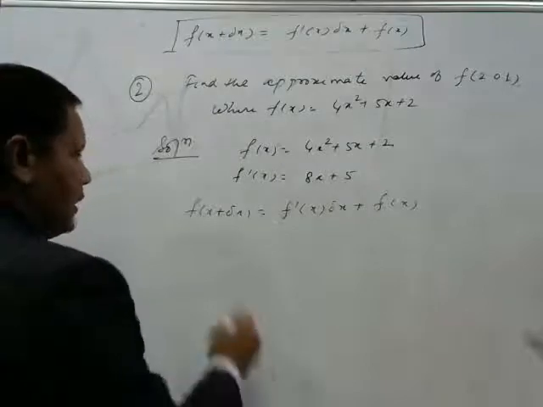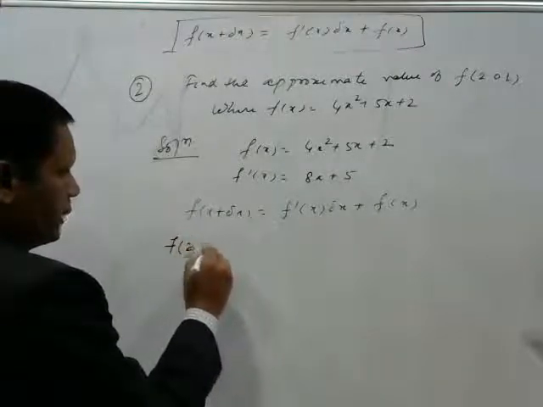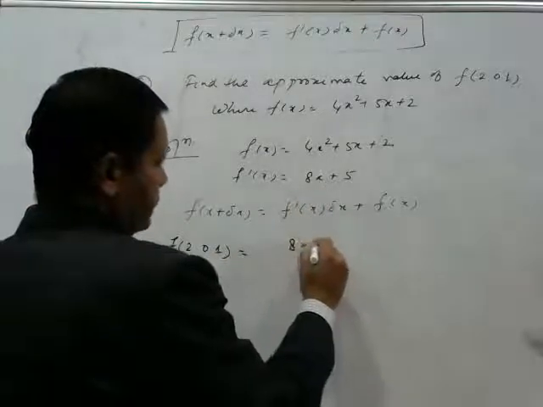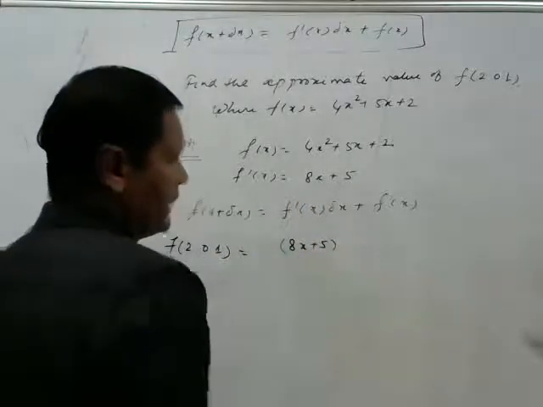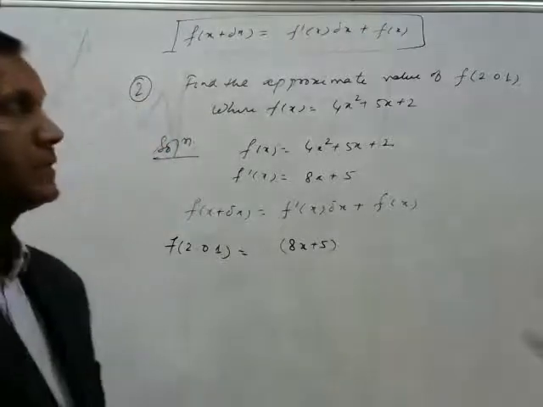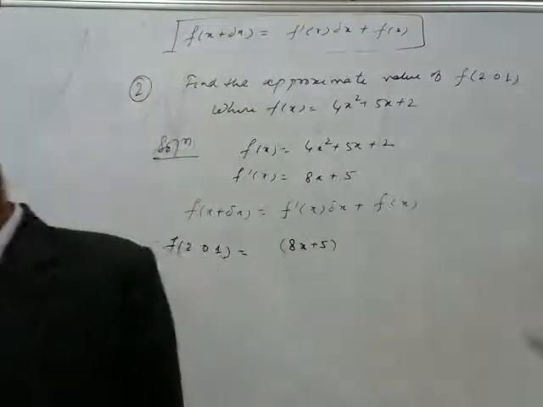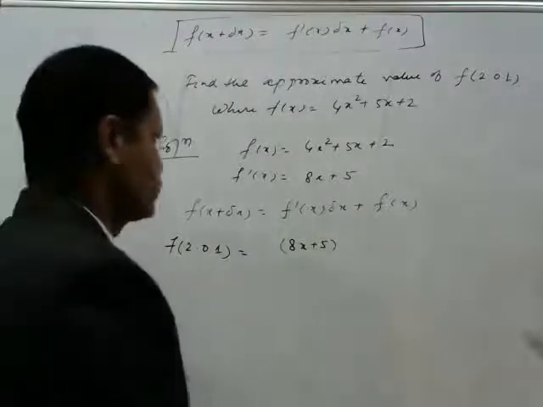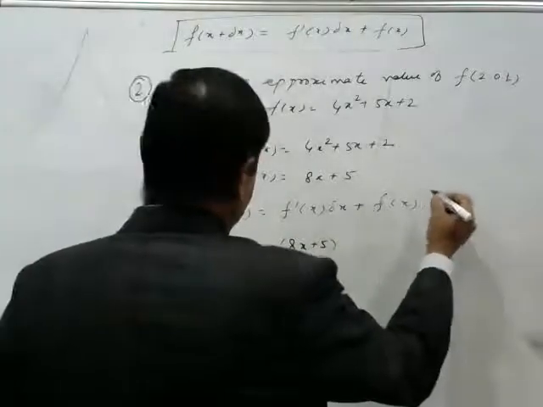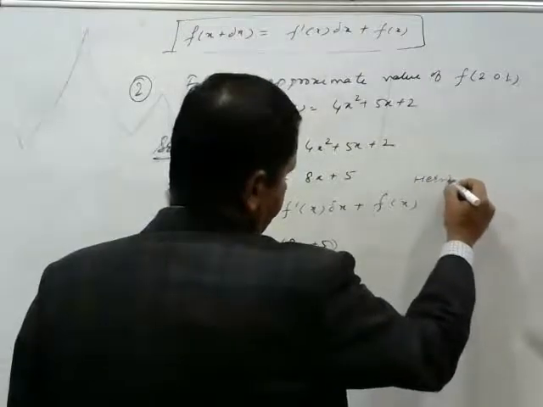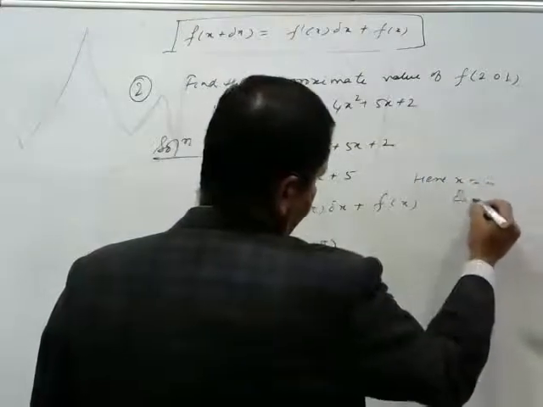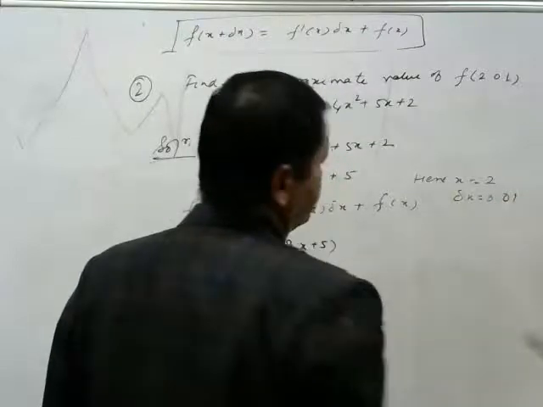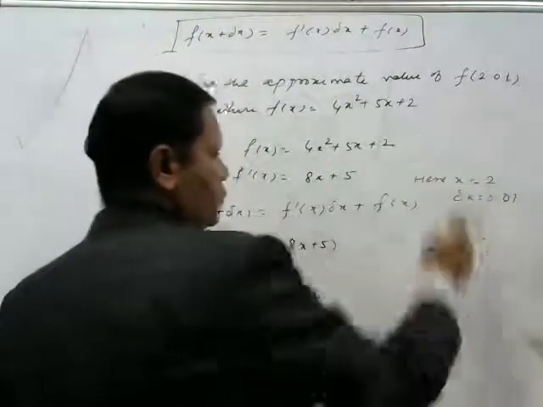So now we are asked to find the value of f of 2.01, and that is equal to f dash of x, which is 8x plus 5, and delta x is 0.01. Better you should write here, if you have difficulty: x is equal to 2 and delta x is equal to 0.01, so that x plus delta x gives 2.01.